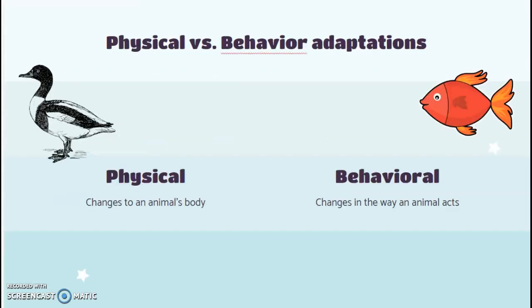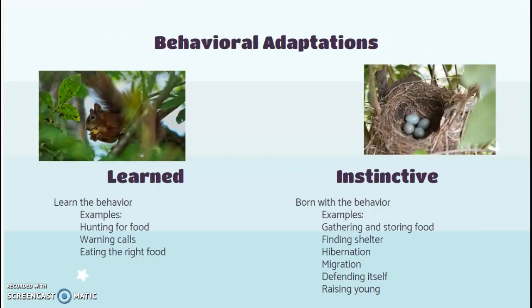So physical versus behavioral adaptations. Physical means changes to an animal's body, and behavioral means changes to the way an animal acts. So behavioral adaptations, which is what we're focusing on for the most part.